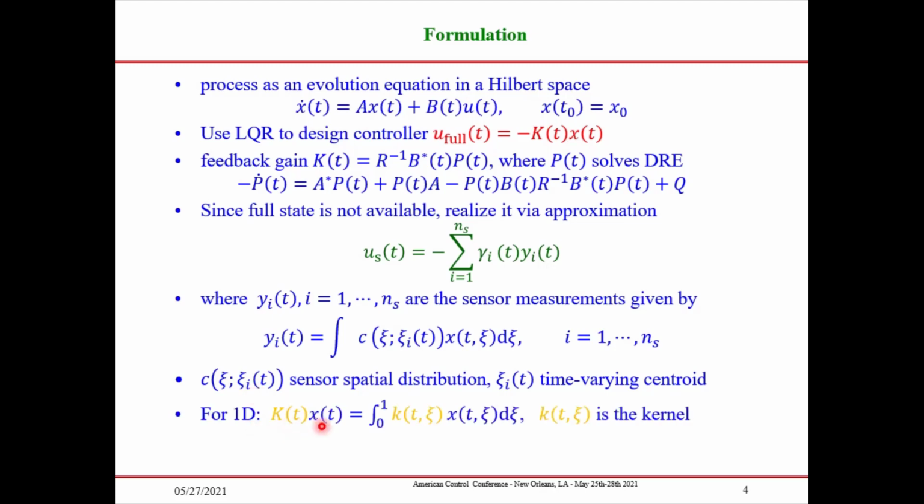In the 1D case, this product of the input operator and the state is given by this L2 inner product of the kernel and the state. K of t and C is the kernel. And again, I would like to approximate this, which requires full state, by this, which only requires access to N sub s measurements.